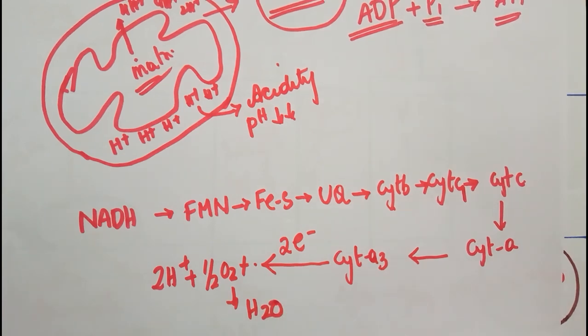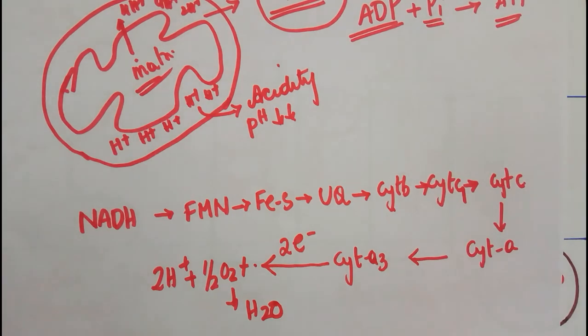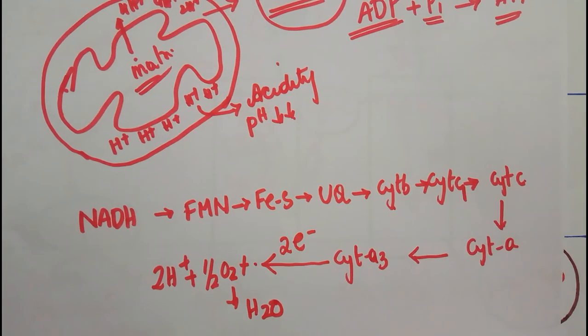This is also very important, because sometimes questions can come on how many electrons are required to make 2 molecules of oxygen, or 4 molecules of oxygen. We will do those questions also.